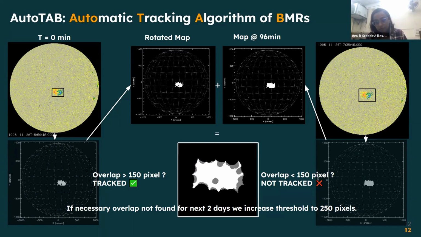The bigger BMR will have a bigger area threshold, and the smaller BMR will have a smaller overlap threshold. We are working on it. For the time being, 150 pixels with this detection algorithm works pretty fine even for the small BMRs without compromising any faulty tracking of the bigger BMRs. So that's why we do this.